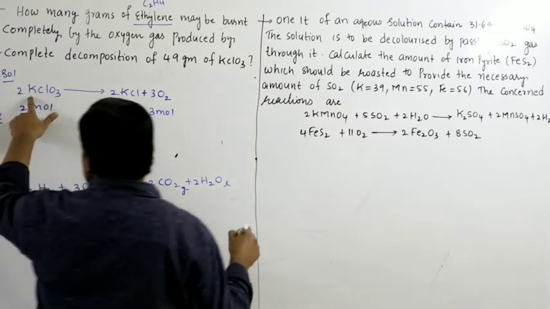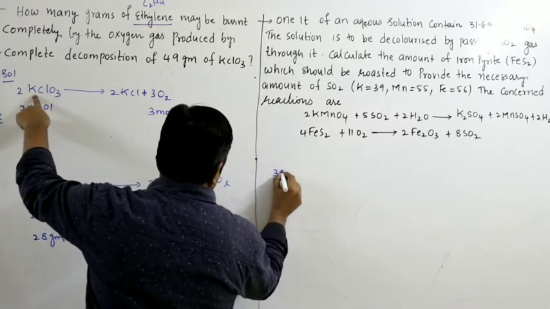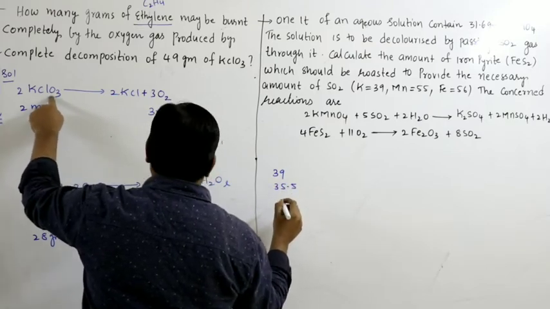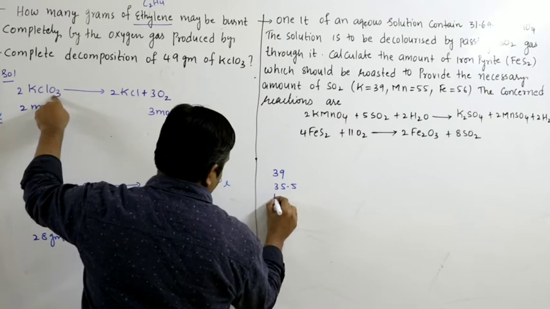Let us find the molecular weight of potassium chlorate. Potassium 39, chlorine 35.5, 3 into 16, 3 into 16 is 48.